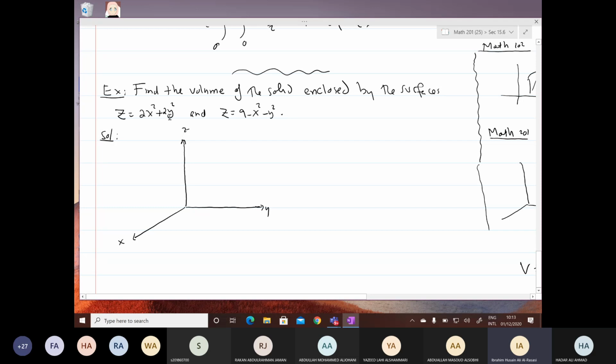This is 2x squared plus 2y squared, a paraboloid opening upward. And 9 minus x squared minus y squared is an inverted paraboloid. So this is 9, you have something like this. And they intersect somewhere here.